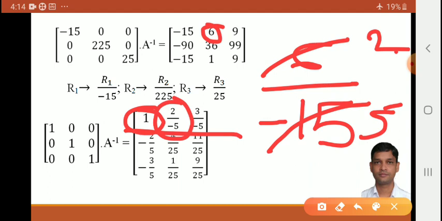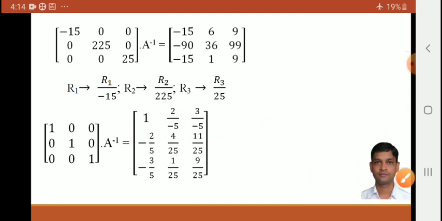So it is 2 upon minus 5. Like that. And for the second row, divide the second row by 225. Similarly, 225 is divided into each element and we have cancelled the common factor. Similarly, in the third row we have divided by 25.